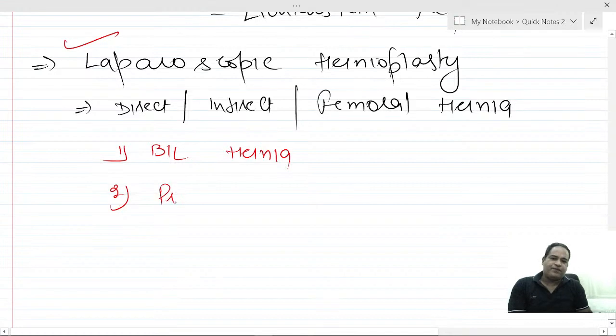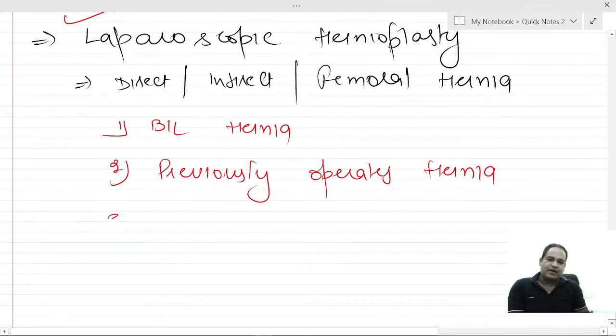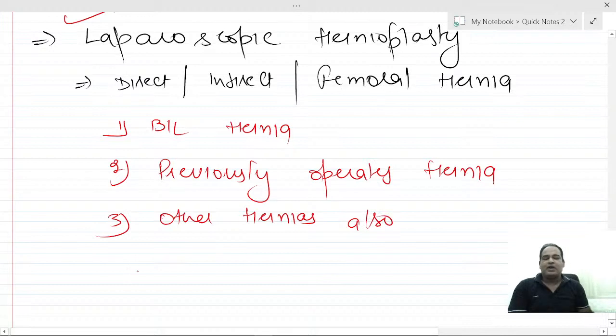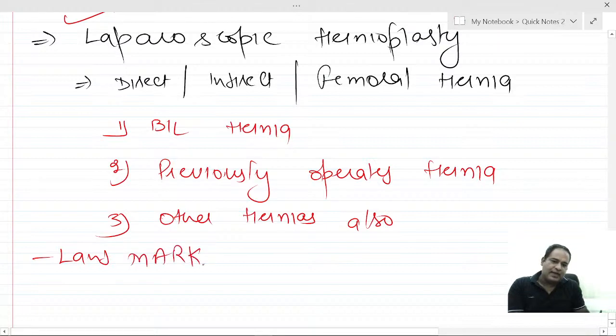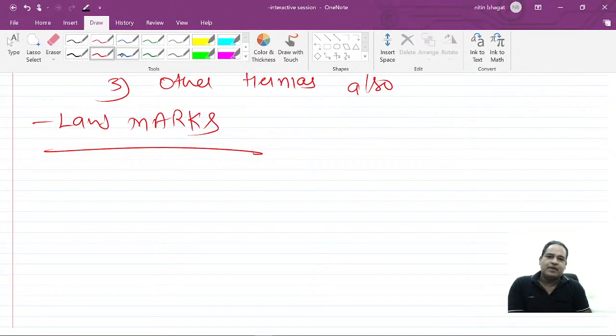Second, if there is previously operated hernia. Fine. If there is presence of other hernias also, like inguinal hernia plus femoral hernia. You need to remember the important landmarks, fine, like this.